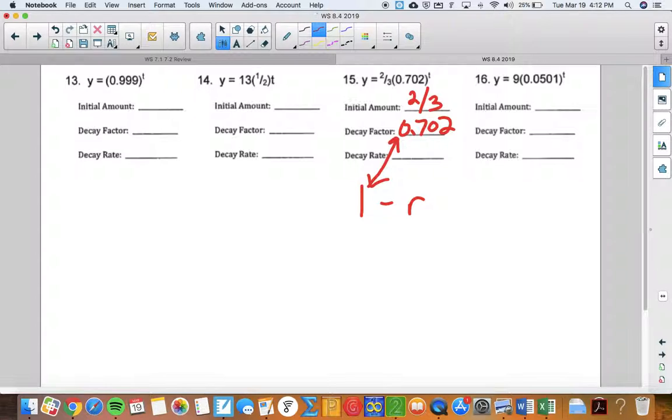I did 1 minus 0.702 in my calculator, and it equaled 0.298. That's going to be my decay rate, which would be the same as 29.8%.